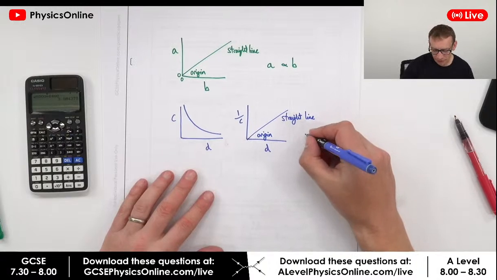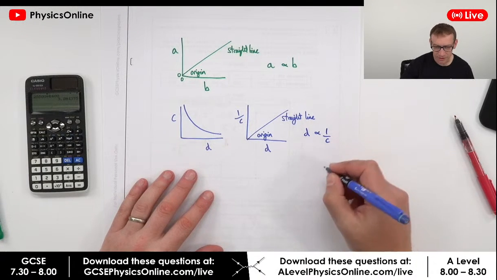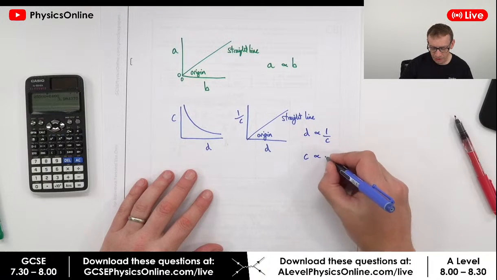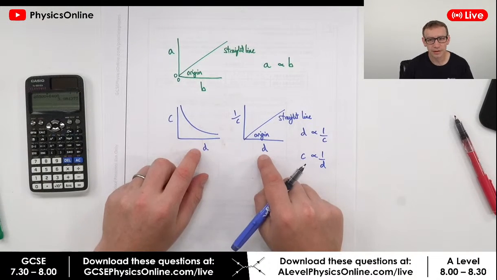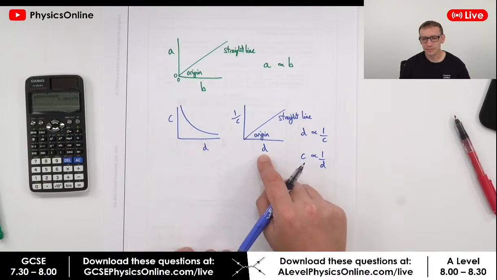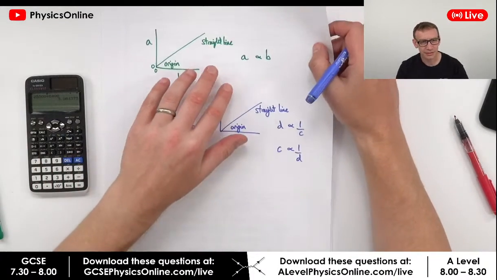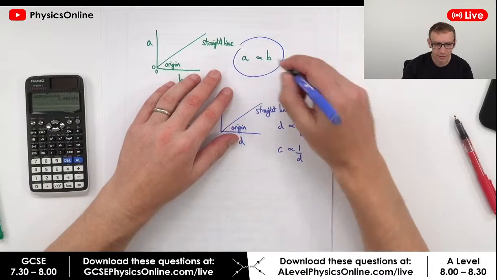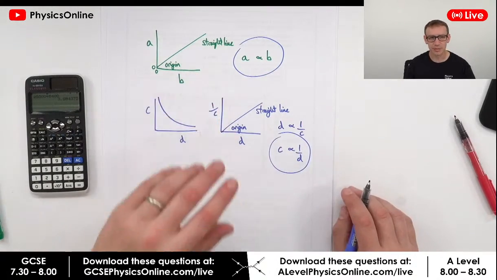Here we can say that D is proportional to 1 over C, or you could say that C is proportional to 1 over D. And here we have 2 things which are inversely proportional. I would say that these are the 2 things you need to know about: things which are directly proportional, and things which are inversely proportional.